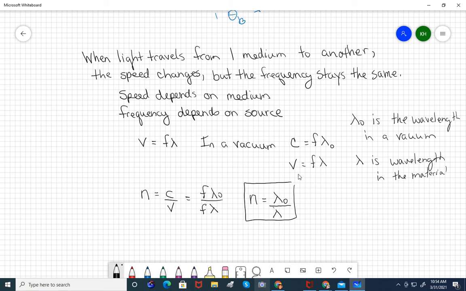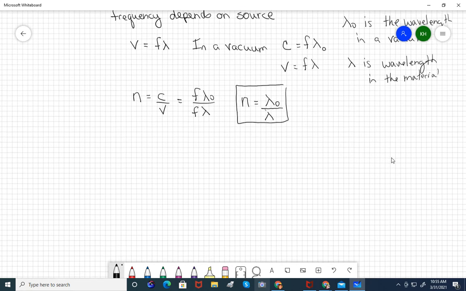If this wave slows down, look at the formula. If v changes and f does not change, then the wavelength changes. So if the speed decreases, the wavelength gets shorter. If we think about that, let's consider a wave traveling. Here's our boundary. And again, we'll let this be air. That's a relatively fast material. We'll let this be glass, a relatively slower material.